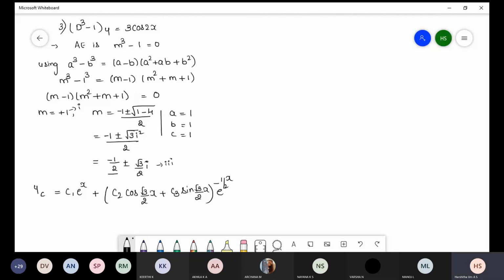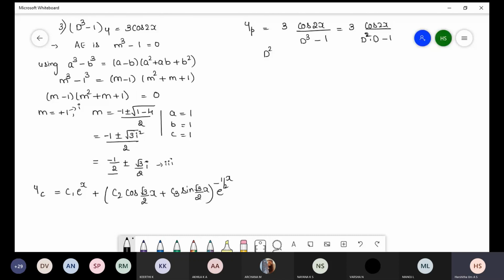Next, find out the yp. 3 into cos 2x divided by d cube minus 1. Here we can rewrite this one as 3 into cos 2x, and this d cube I can write as d square into d, minus 1. Again it will become d cube minus 1, right, as it is.